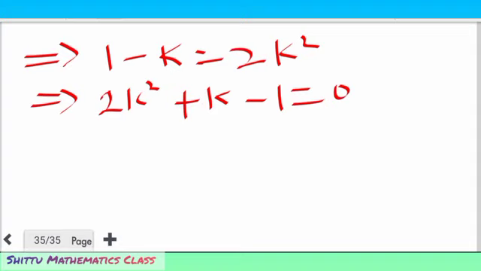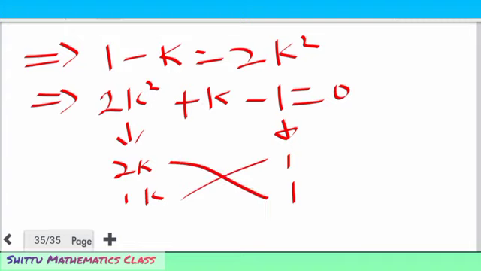Let us use the factorization method directly. 2k squared can be 2k times k, and the product of the constants will give us 1. We do the cross multiplication, and we have 1k here and 2k.